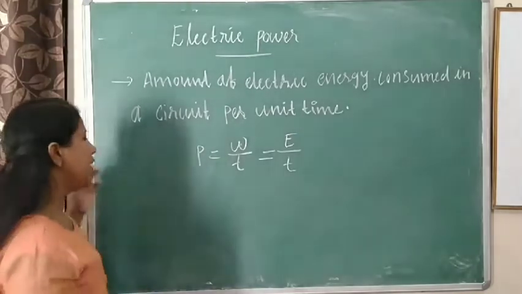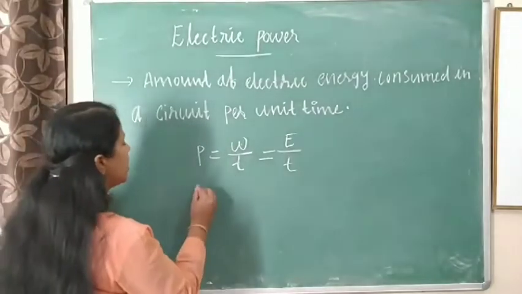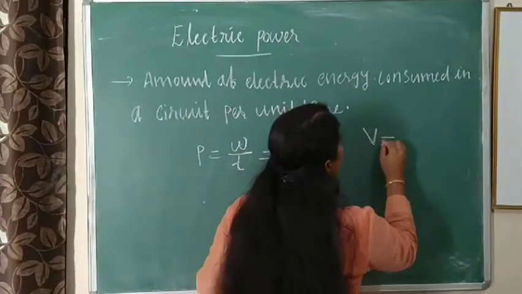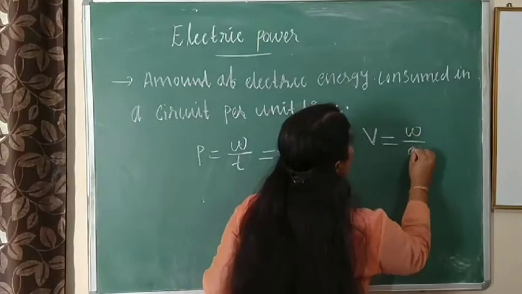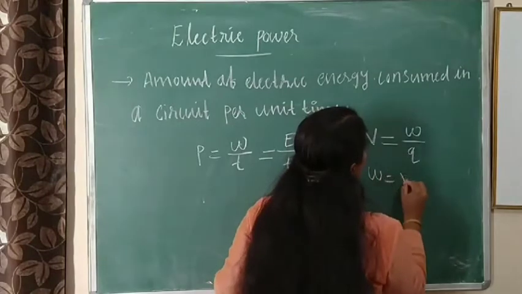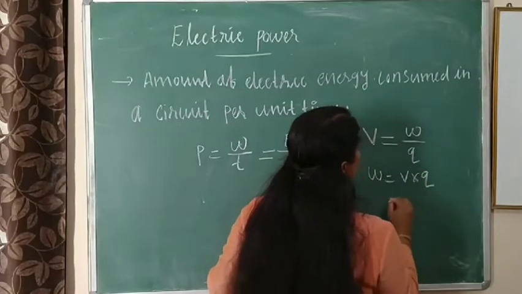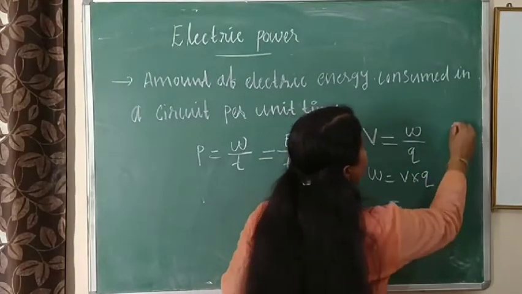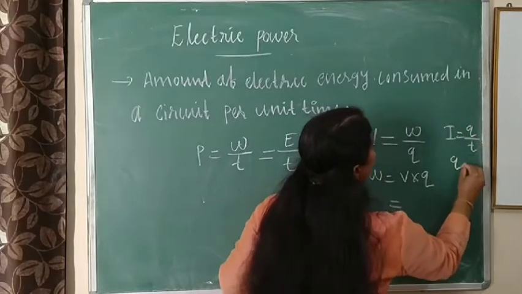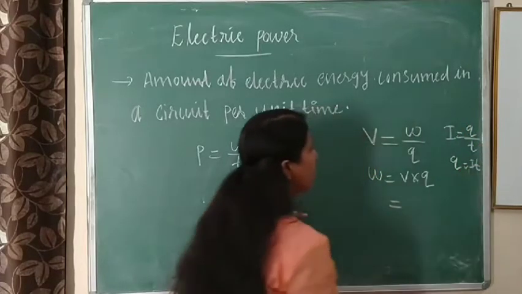First, we know that voltage V is equal to W by Q, work done by charge. Then W is equal to V into Q. We know that current I is equal to Q by T, so Q is equal to IT.